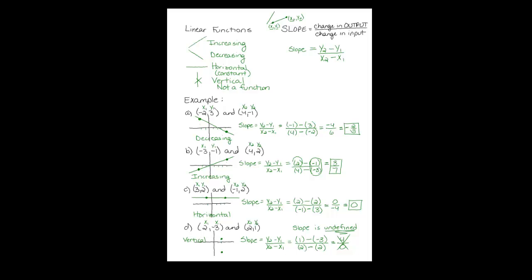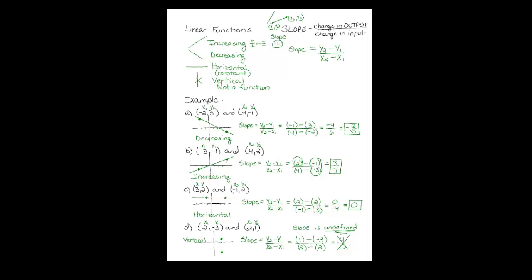When you compute the slope, you will always either have a positive number divided by a positive number, or a negative number divided by a negative number. In either case, the slope will always, always, always be positive. If you have an increasing line, the slope is going to be positive.